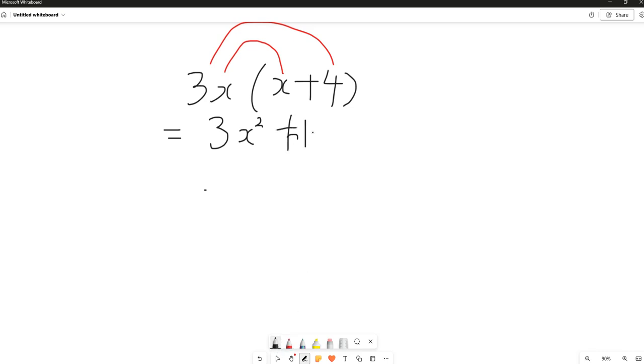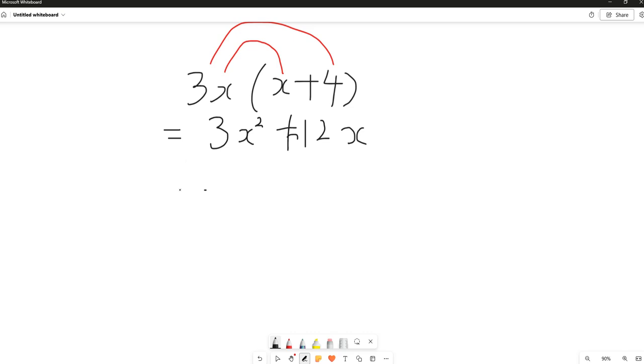So you just write a 12, and there's nothing more over here, so the x will just be there. Please understand that expansion is not that hard, but don't be careless. If there is only one x, don't put 2x in your final answer. So please be careful. Now, this is expansion.